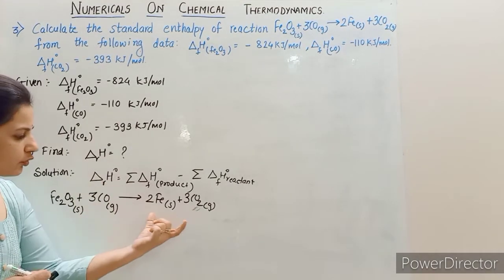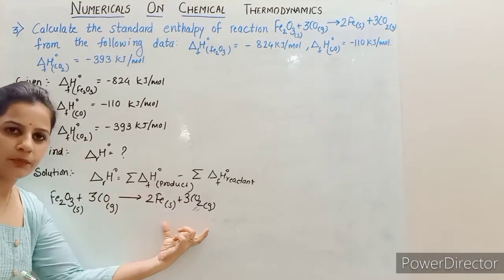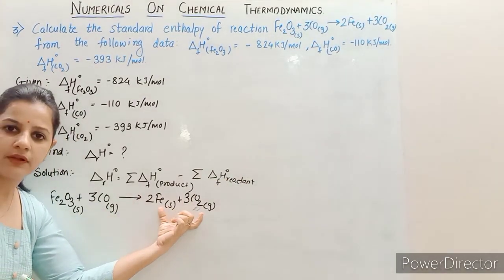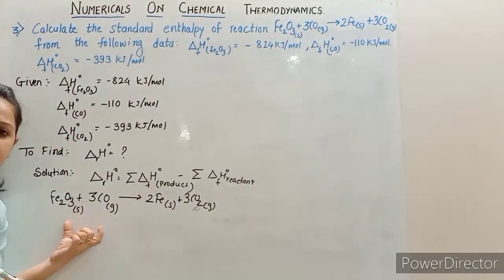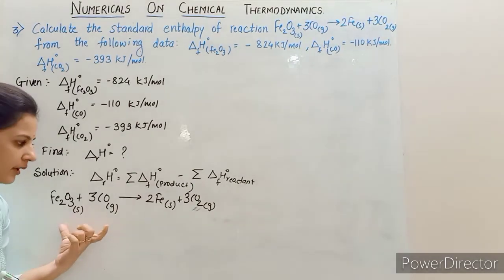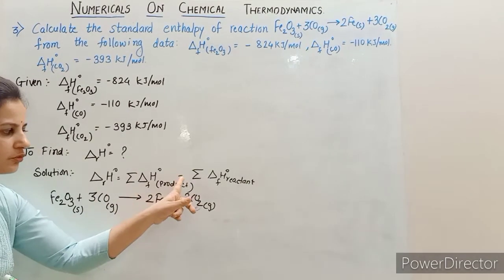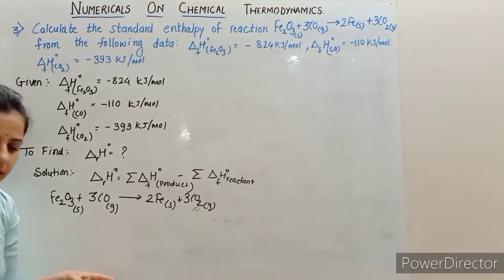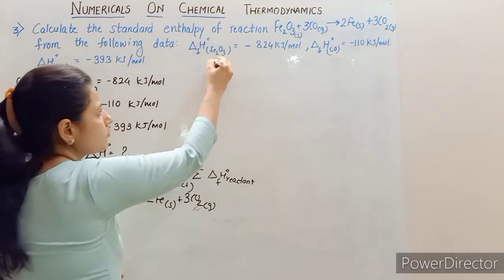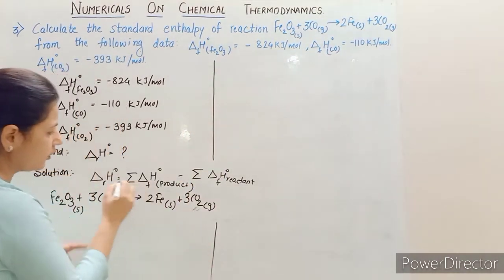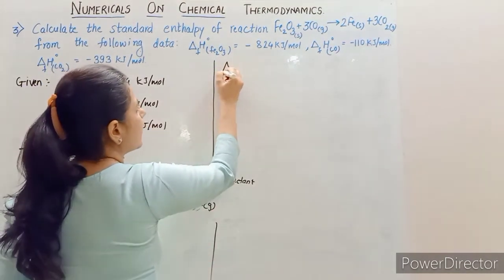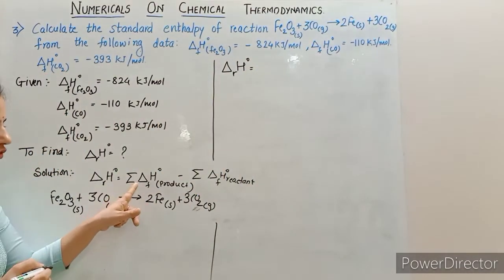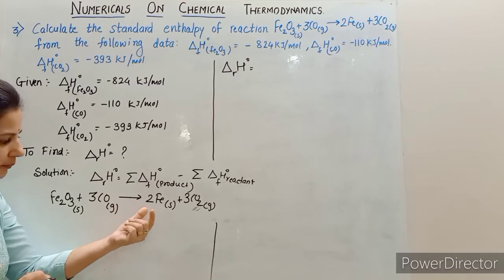So in this case we have to sum up the enthalpy of formation of the products minus the enthalpy of formation of the reactants. That means how much change in enthalpy came in the formation of the products and how much in the reactants. After seeing both, we have to subtract them and we will get the enthalpy for the reaction. First we have to find the standard enthalpy for the reaction, which is nothing but the summation of formation of the products. What is in the products?